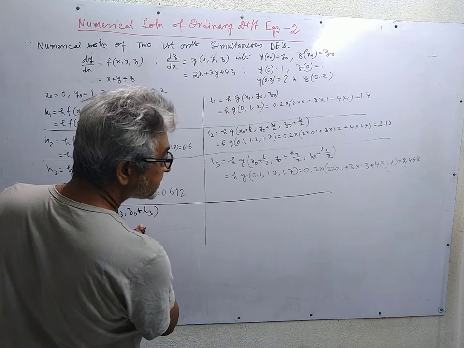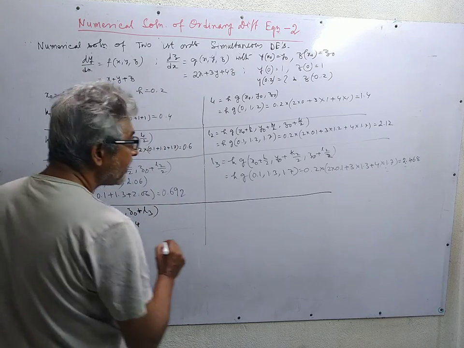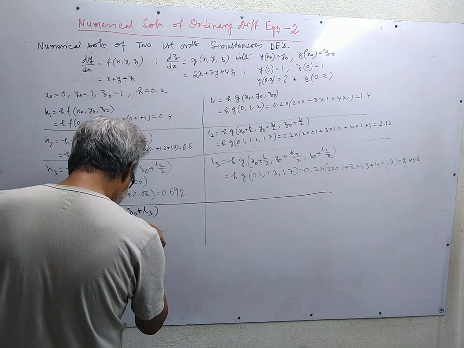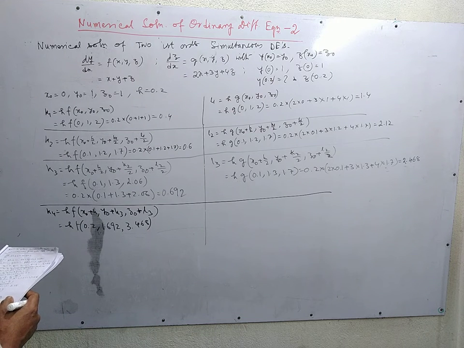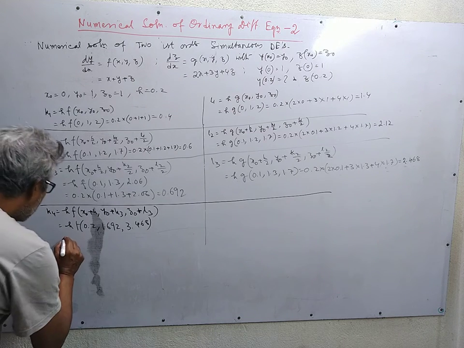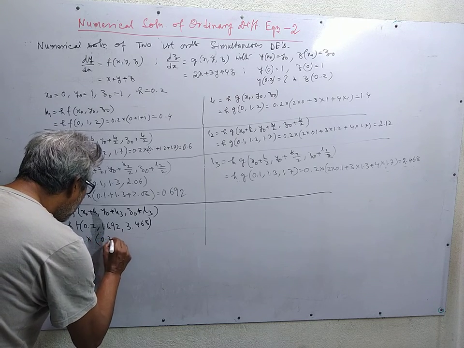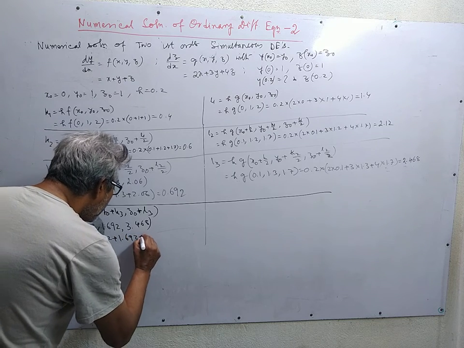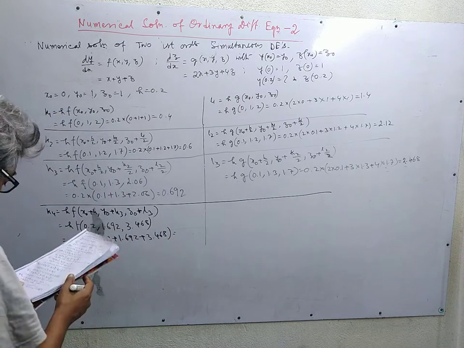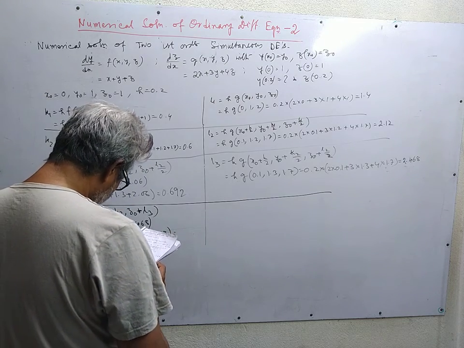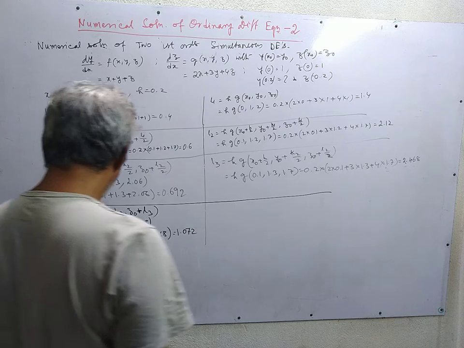Z0 is 1, L3 is 2.468. And this is equal to 0.2 into 3.468 on calculation. This comes out to be 1.072. Now L4.